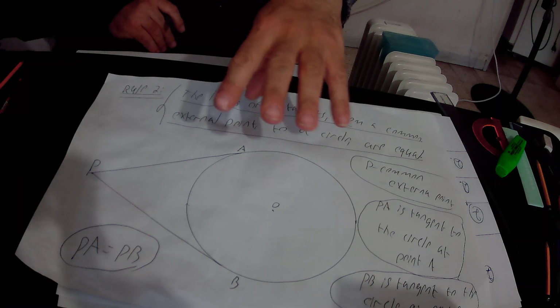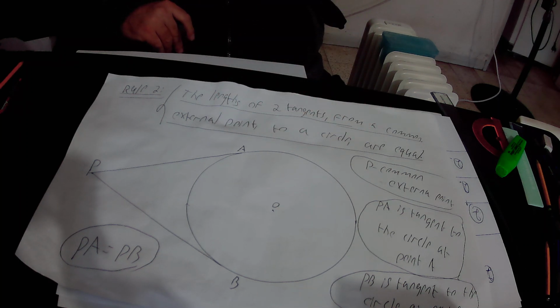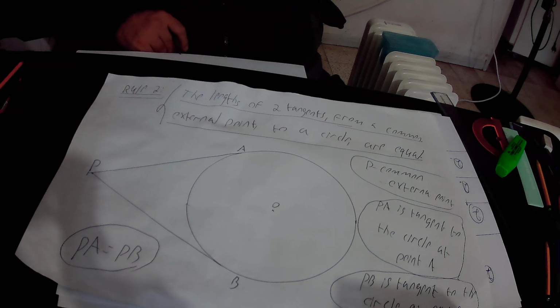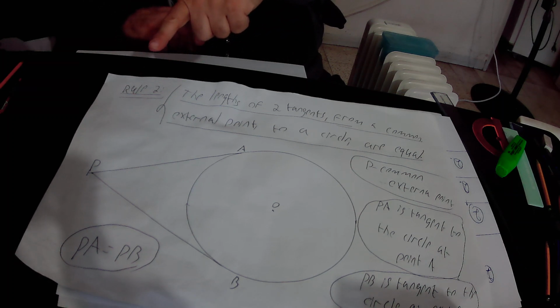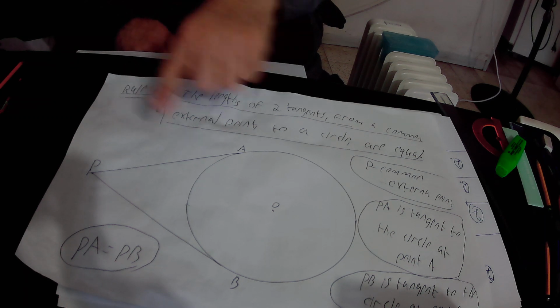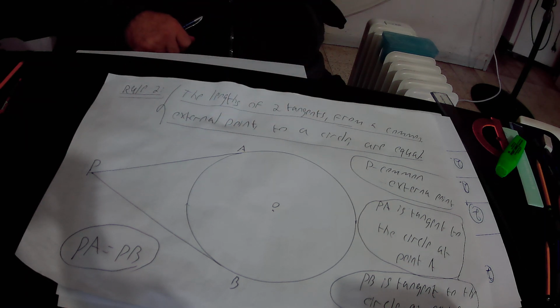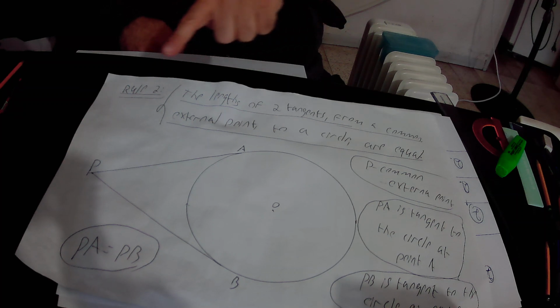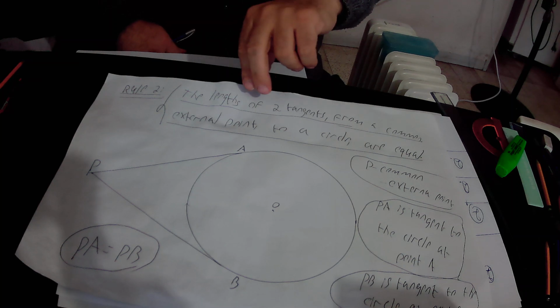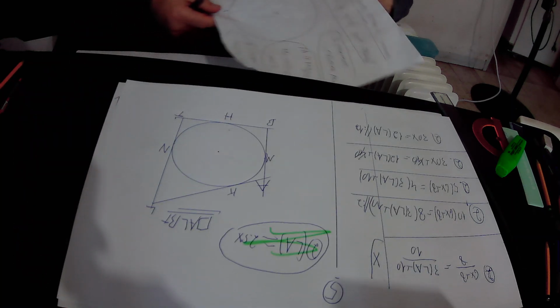We have a circle and we have here the common external point, point P. From the common external point, point P, we have two tangents to this circle, tangent PA and tangent PB. And according to this rule 2, the lengths of those two tangents are equal to each other. That is to say, the length of tangent PA equals the length of tangent PB, or PA equals PB. We can actually implement rule 2 in our drawing.